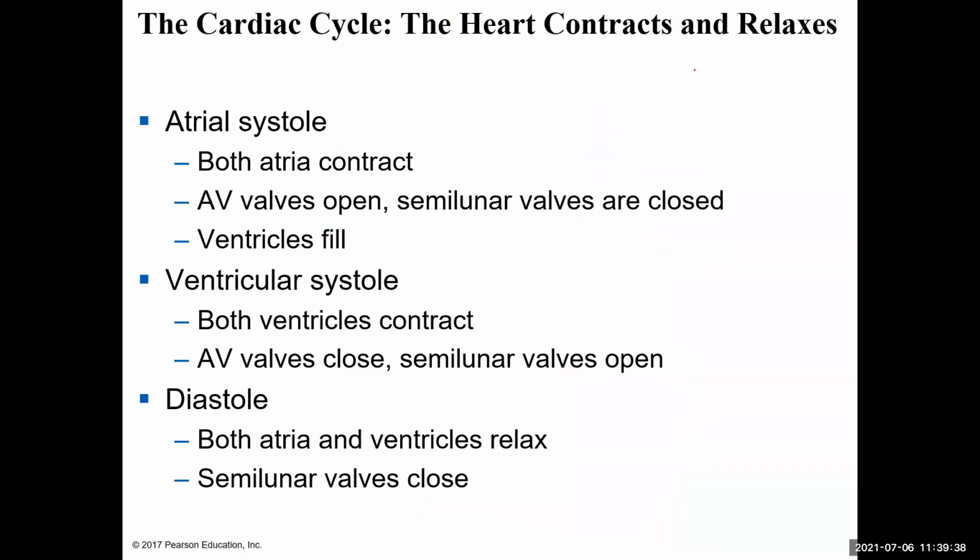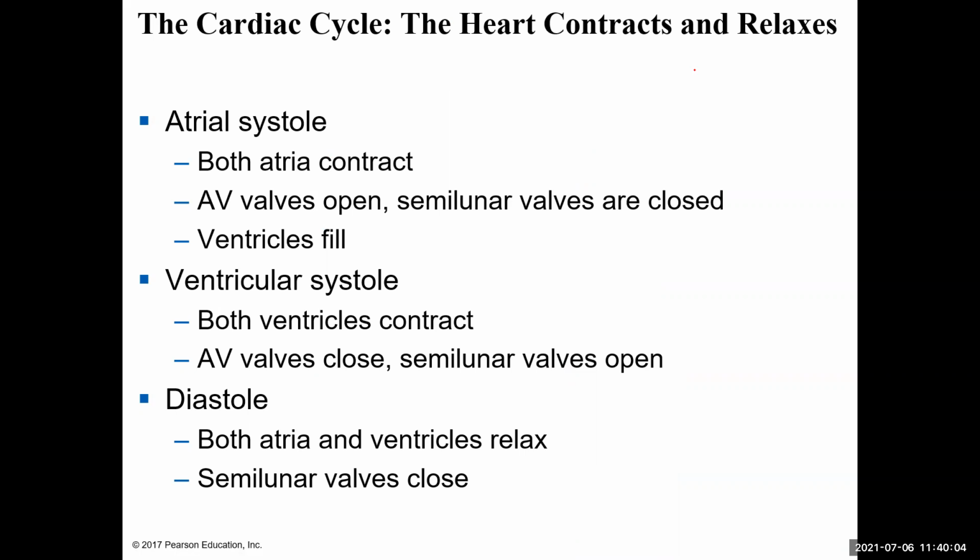Okay, so now what we're going to look at is the cardiac cycle. And that animation from the second video talked about this in a lot of detail. And we're going to kind of run through that same detail and kind of go over it ourselves. Now, the cardiac cycle is one cycle of the ventricles contracting and relaxing, okay?